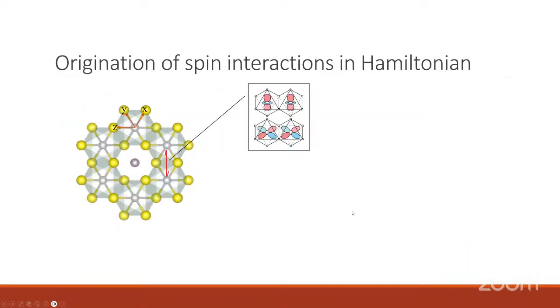Then we need to ask why this system, which is an isotropic antiferromagnetic system, has different spin couplings for J1 and J3. So J1 is ferromagnetic, J3 is antiferromagnetic.